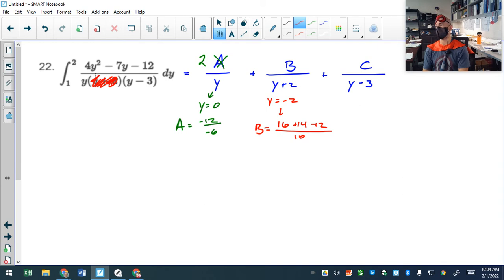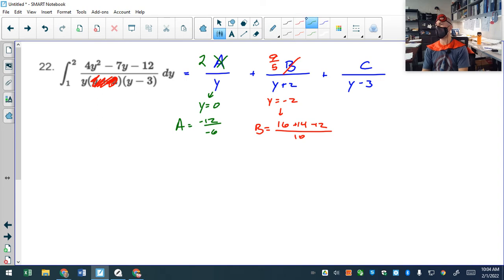I messed up somewhere. That's ugly. Negative 2, negative 5 is positive 10. Is this what y'all got? Oh, this is ugly, isn't it? 30 minus 12 is 18 over 10. 9/5. Did y'all get that? Oh, man. What a stupid problem.